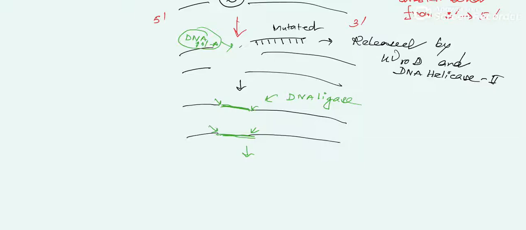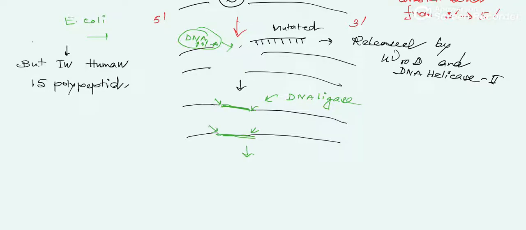Such a mechanism is also found in humans, but in humans the exonuclease activity is carried out by a 15 polypeptide protein, XPA. This process we have found in E. coli, but if we see in humans, a 15 polypeptide protein makes this function, and the name of this protein is XPA.